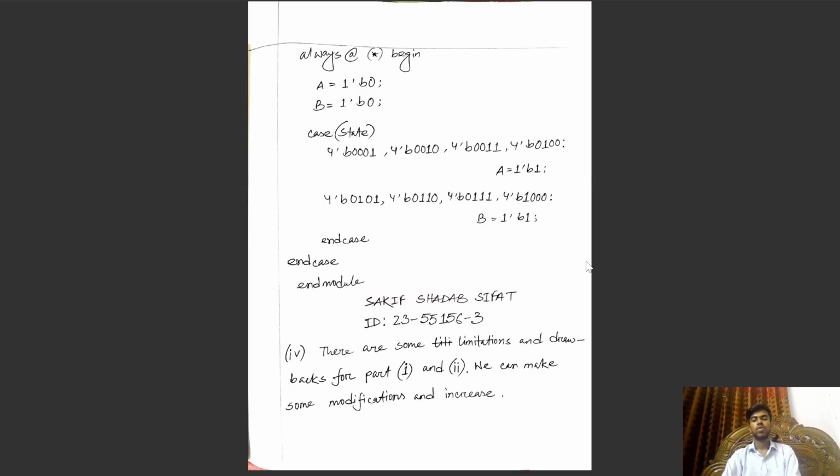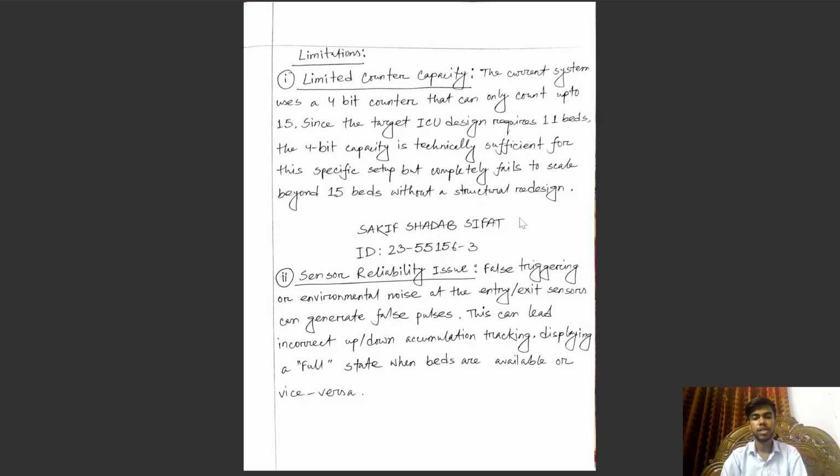And on question number 4, it has asked me to draw some limitations and modifications. To solve this question, I have found some limitations that have been added here. So let's get started with the limitations. The first one I arrived at is limited counter capacity. The current system uses a 4-bit counter that can only count up to 15.